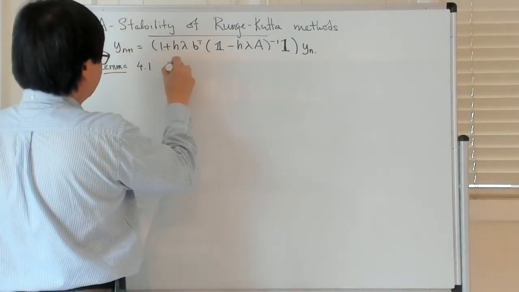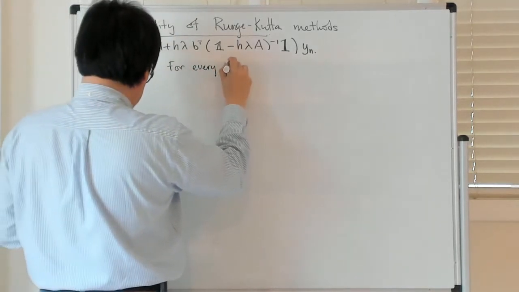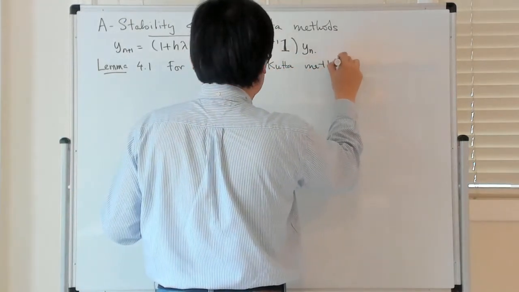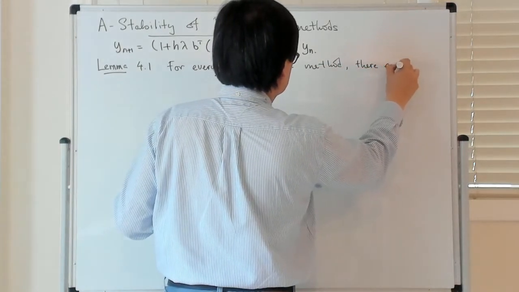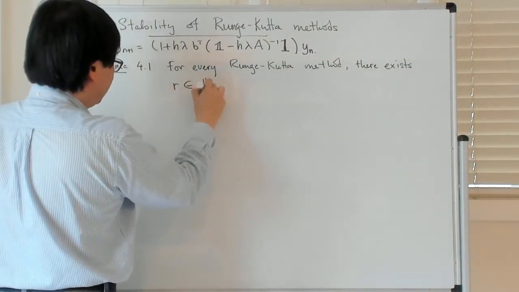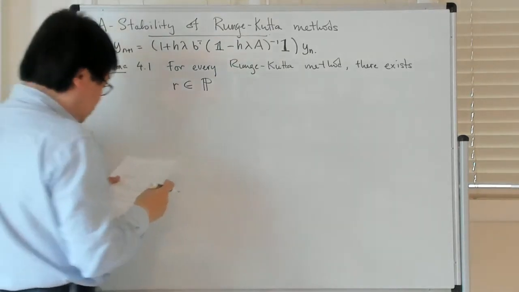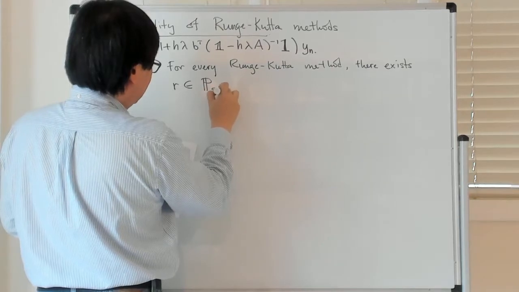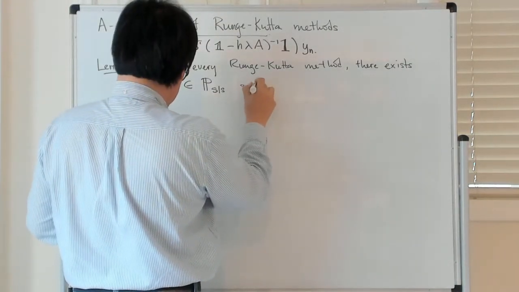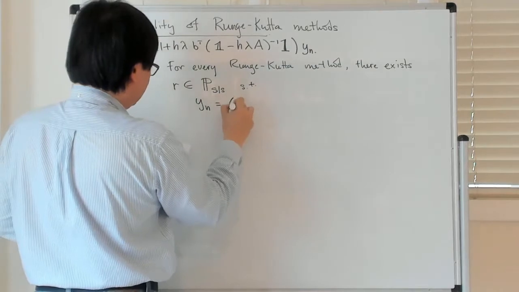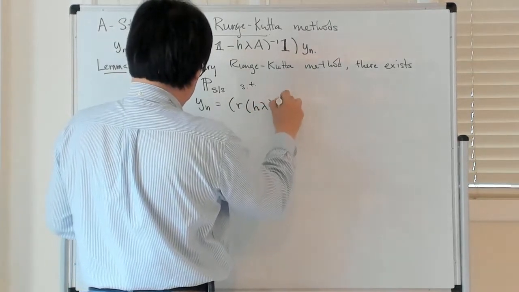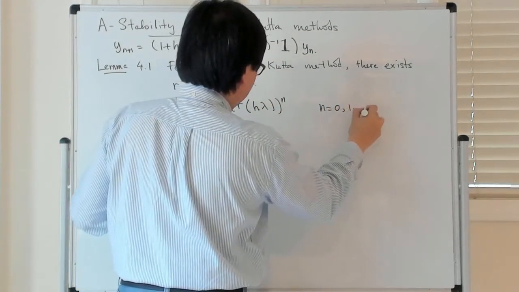It says for every Runge-Kutta method, there exists some polynomial R in the space of rational polynomials, of polynomials of degree s for the numerator and denominator, such that y_n is equal to this rational function of h times lambda to the nth power, where n goes from 0, 1, and so on.